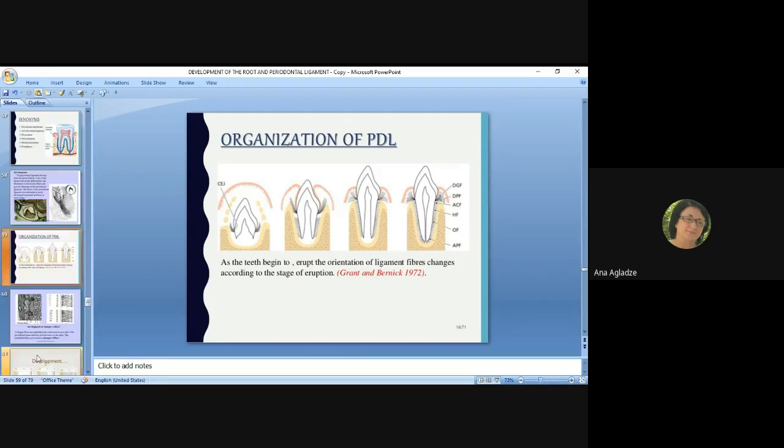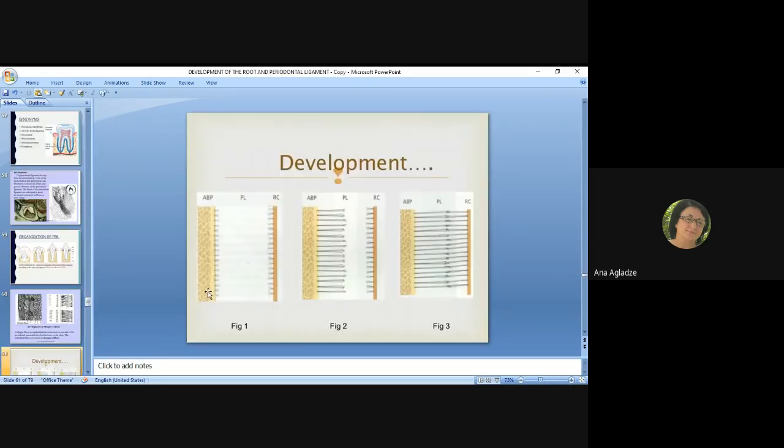And here you can see the development of these fibers. Generally, the sequence of fiber formation is the same in primary, accessional, and successional teeth. First, thin, short collagen fiber bundles are embedded in the freshly developing cementum. This is cementum, this is alveolar bone. Initially, they project only slightly beyond the still non-calcified cementum surface.